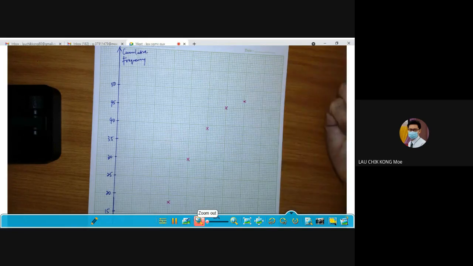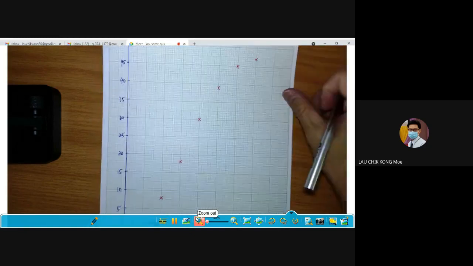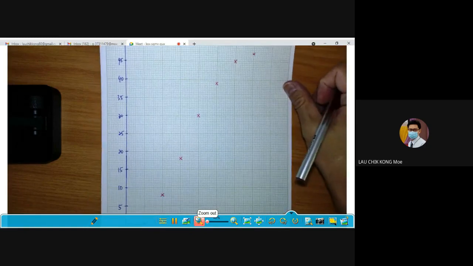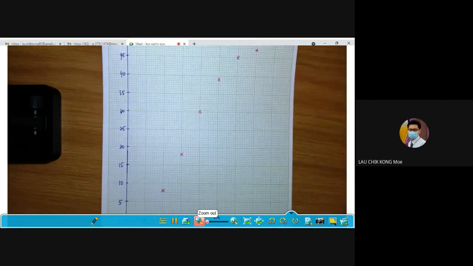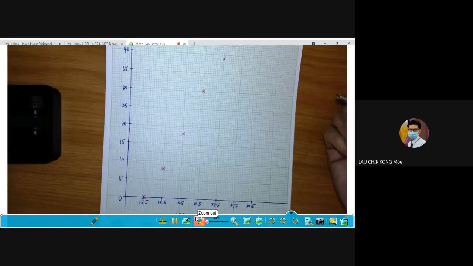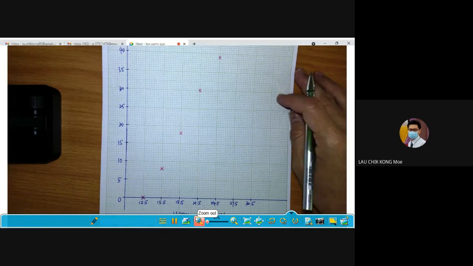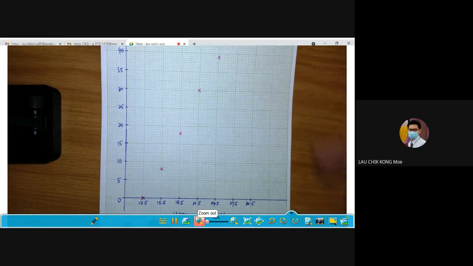So that is all the points you need to plot, from 0 to 47. After that you try to connect them. How to draw neatly or beautifully? This needs practice after practice.